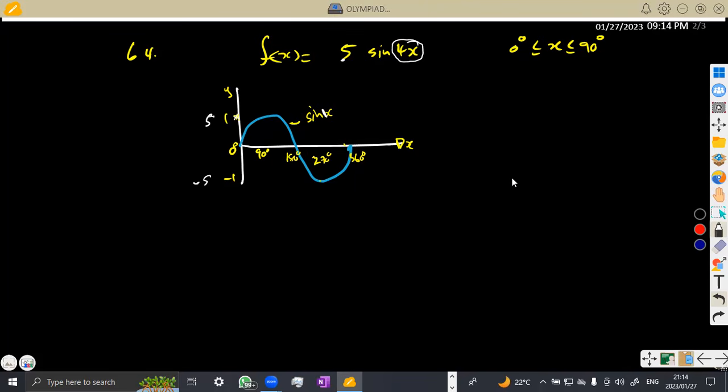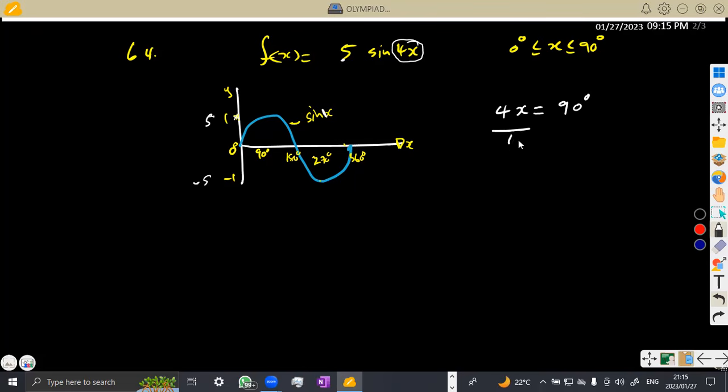So what is going to be the new interval? You equate 4x to the old interval that we used to have, which was 90. Remember, I said these angles were separated by 90 degrees. So you equate 4x to 90 degrees to get the new interval.